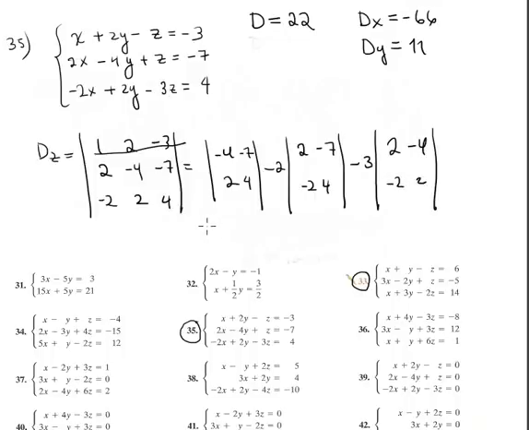Okay, multiplication. This is negative 16 plus 14. Minus 2 times 8 plus minus 3 minus 14. Minus 3 times 4 minus 8. And this is negative 2.